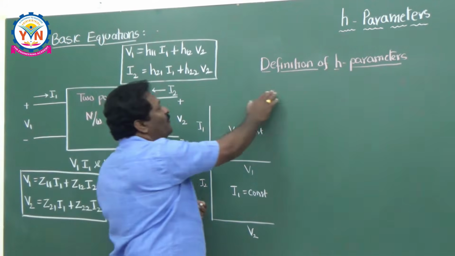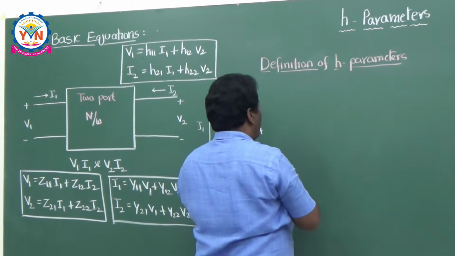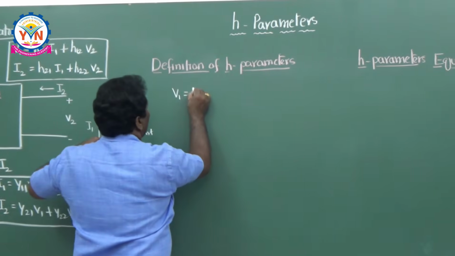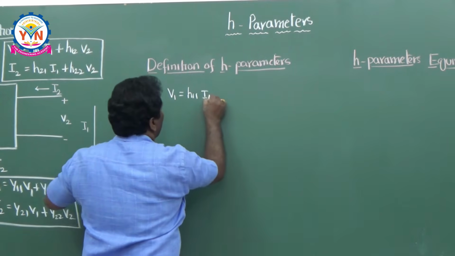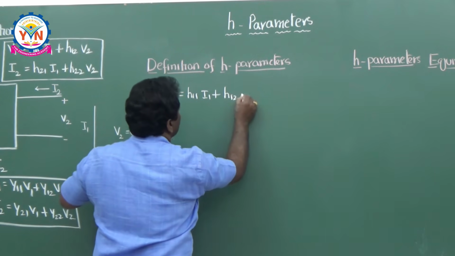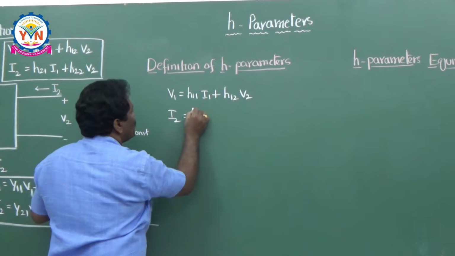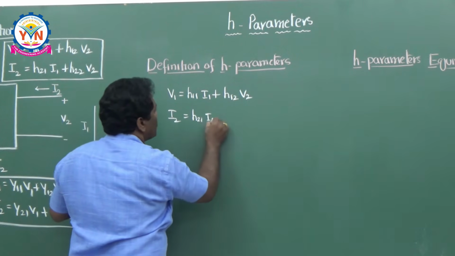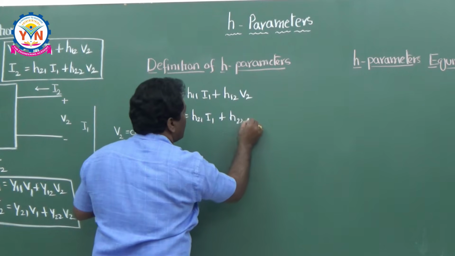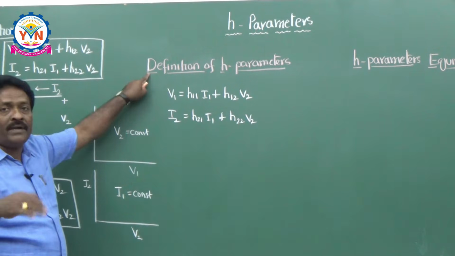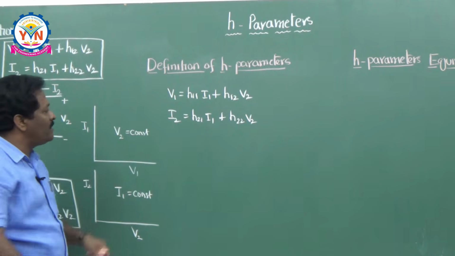Now coming for the definitions of the H parameters, once again write down here. V1 is equal to H11 I1 plus H12 V2 and I2 is equal to H21 I1 plus H22 V2. These are the basic equations just now I told you. Now I would like to define the parameters. So what is H11 here?